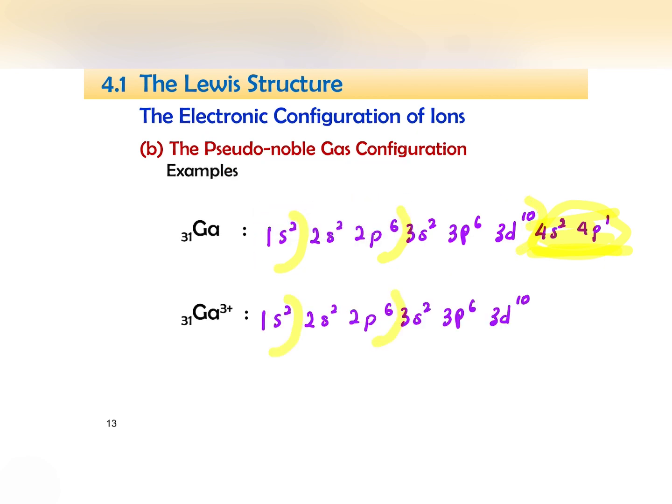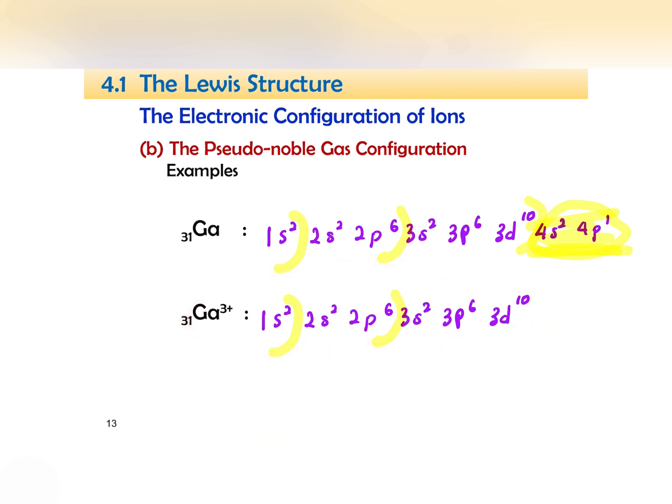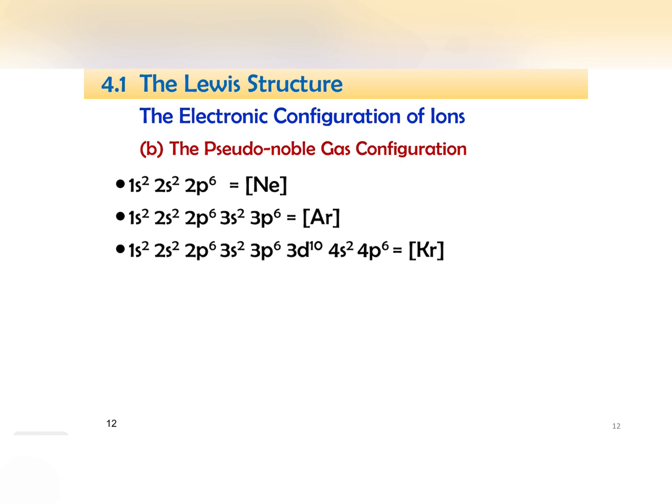So when you have this electronic configuration, okay, nampak macam dah stable. Okay, so it is already stable, tapi dia bukanlah noble gas configuration. Okay, so kalau kita tengok tadi, okay, dia bukan neon, bukan juga argon, bukan juga krypton.